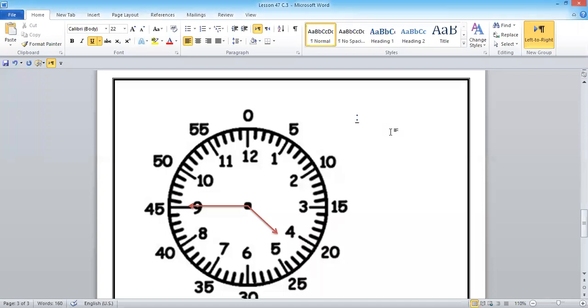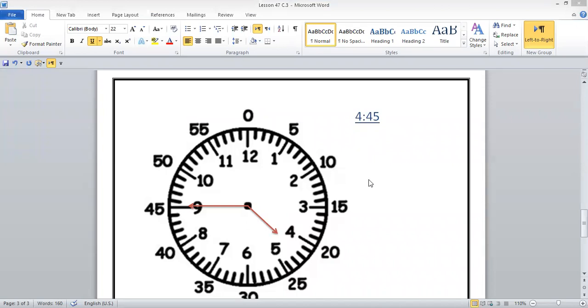How will you write it? Write first 4, and then write 45. Is it? Yes, that's very good. Exactly, guys. This is the correct answer. It is 4:45 and we will write it like this.